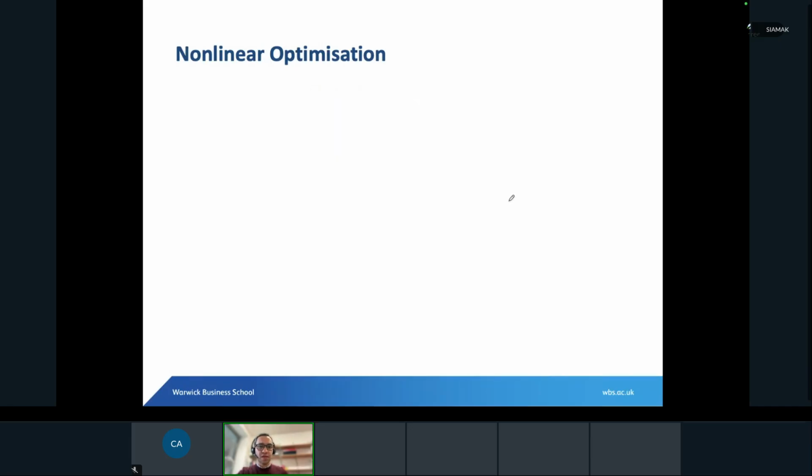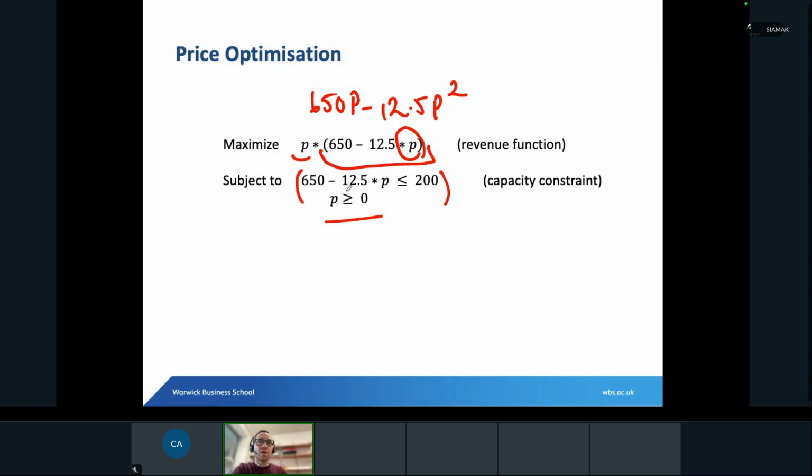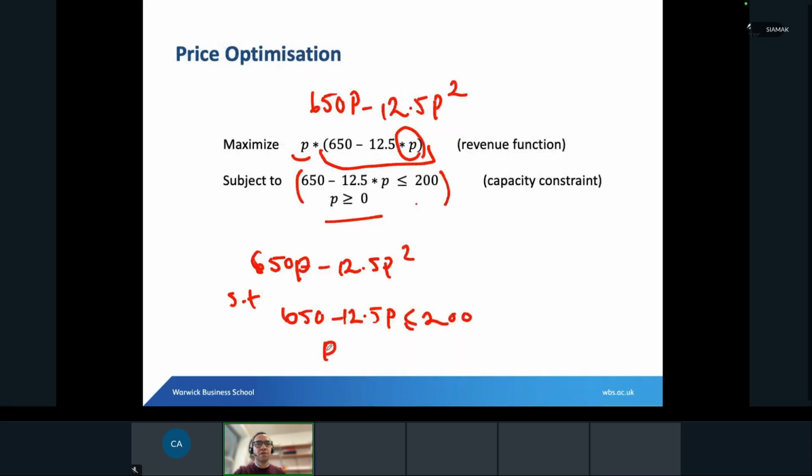The capacity constraint says that whatever the demand is should be less than or equal to 200, which is our capacity. Now, looking at this model, if I write it here, this is max 650p minus 12.5p squared subject to 650 minus 12.5p less than or equal to 200, and p is greater than or equal to 0.